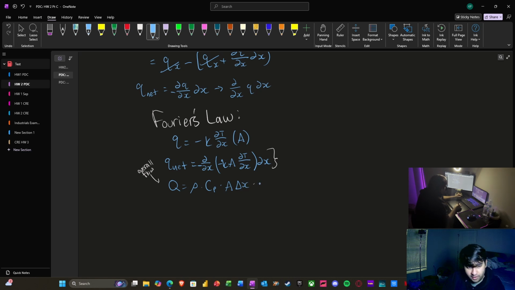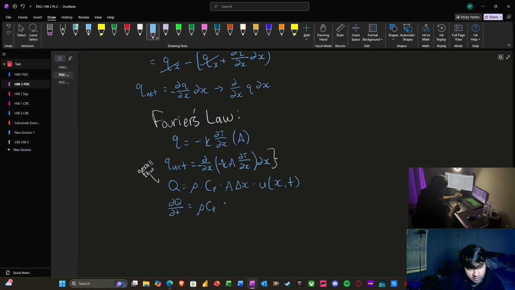And then we're also going to use our dependent variable, temperature, which is with respect to x and time, and take the derivative of this.